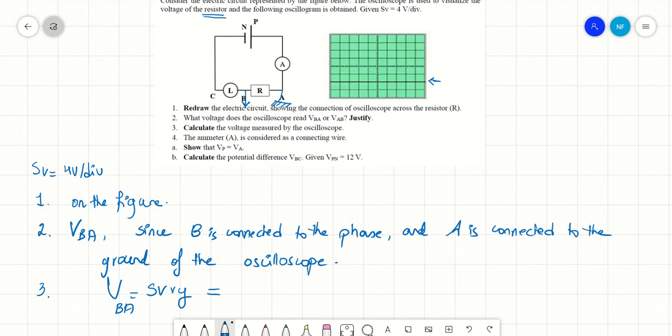So as SV is given from the very beginning of the exercise, it's 4 volt per division times the Y. As we can see, its displacement is downward, so the Y will be -2 and the answer will be -8, because here I have division with per division, they will cancel each other and the answer will be in volts. It's expected as we have the wrong connection, it's normal that the voltage comes out negative. If it's not negative, you're doing something wrong.